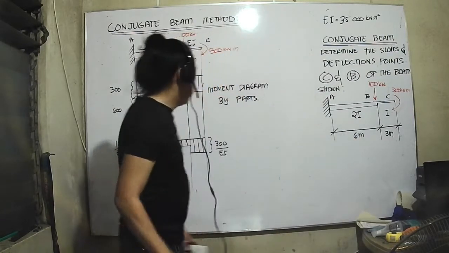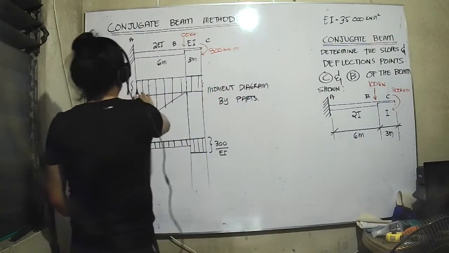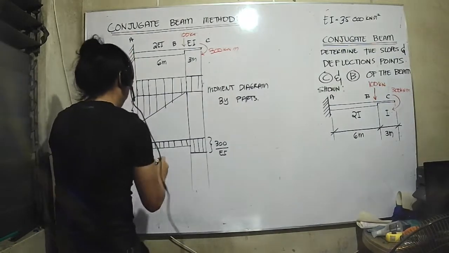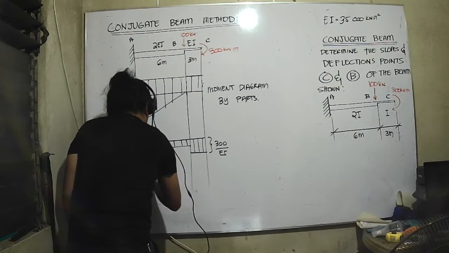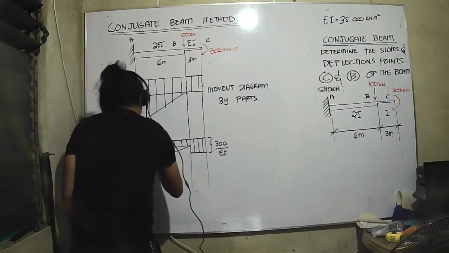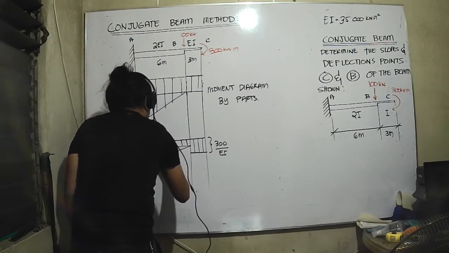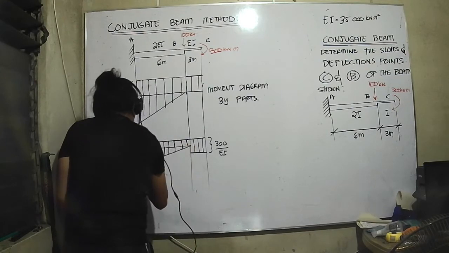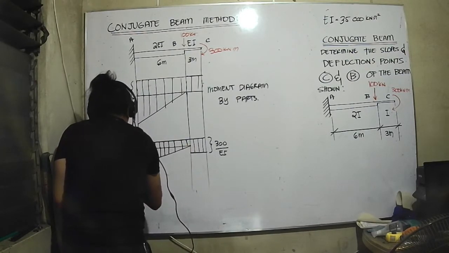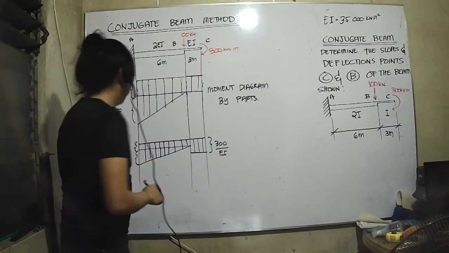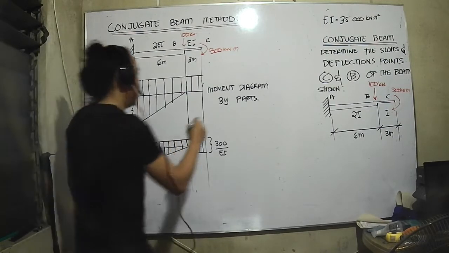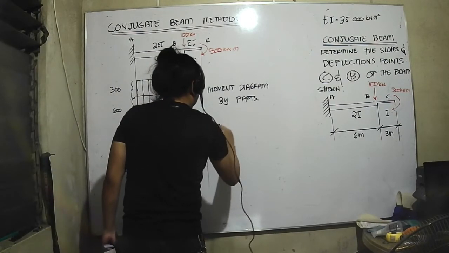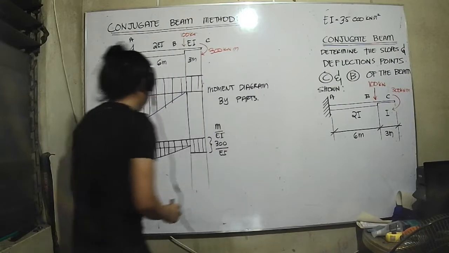And finally, the 600 divided by 2 is 300, so this is just 300 over EI. This is, by the way, our M over EI diagram.